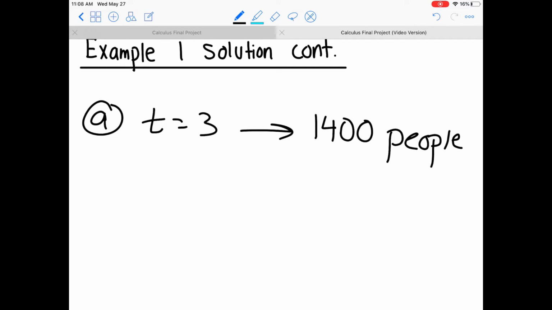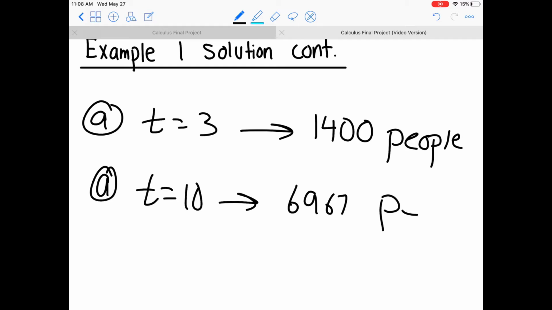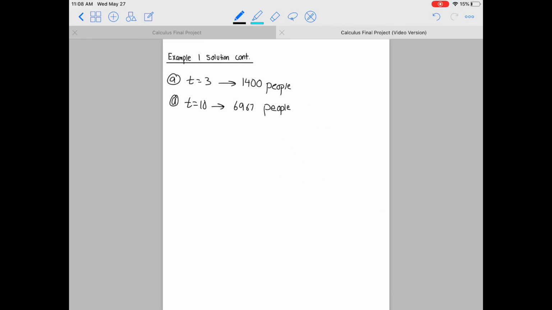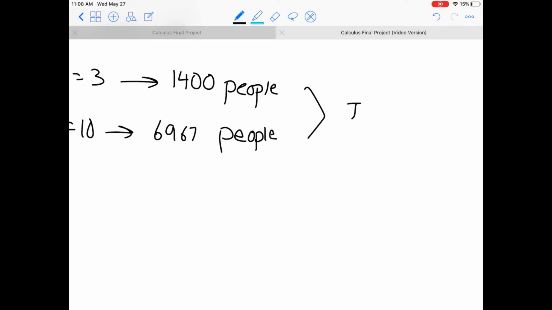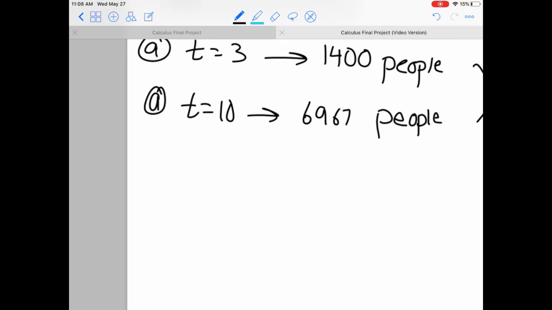Next, for the second part, the population at t equals 10, we found that in part A, which is equivalent to 6,967 people. So this is going to be our initial value setups. Now, this is all the information we need to solve this problem.